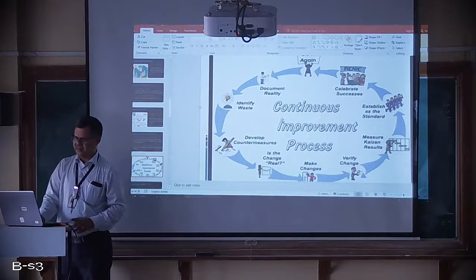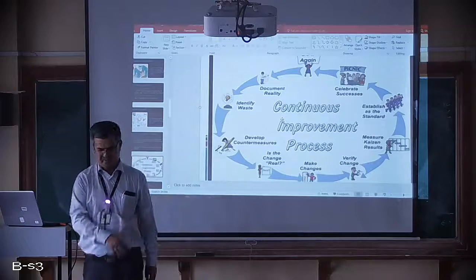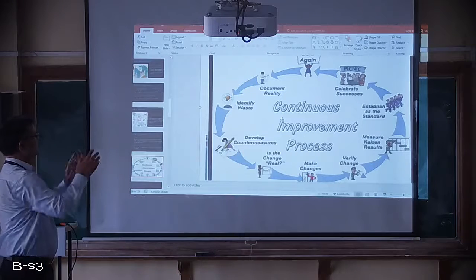Continuous improvement can start at any phase. You can see the sketch here.